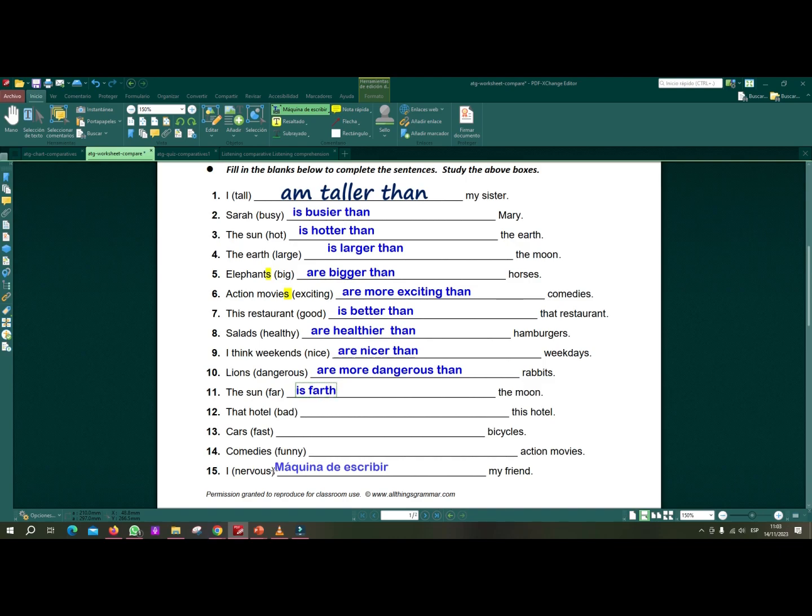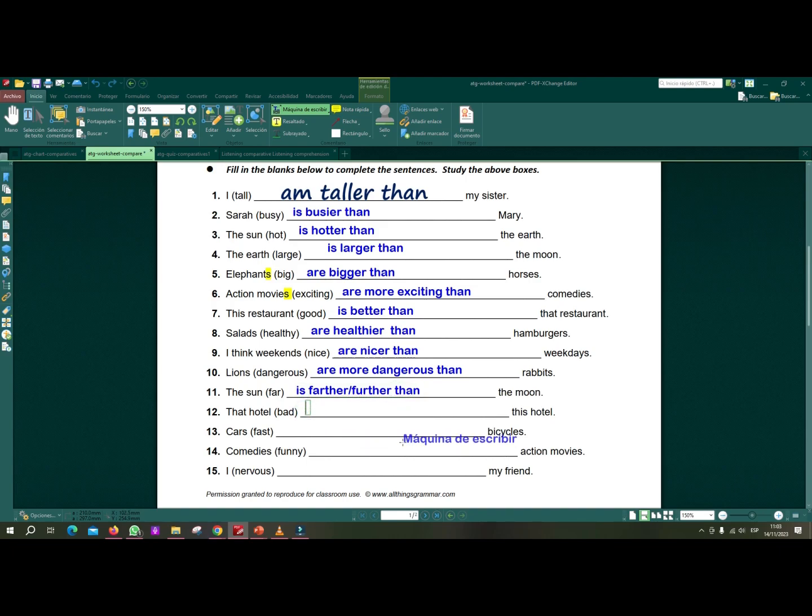You can say farther or further, right? Than the moon. So the sun is farther or further than the moon. Ahí tenemos las 2 opciones. Y como far es un adjetivo irregular, hacemos este cambio. ¿Ok? Nice. Thank you, Caro.